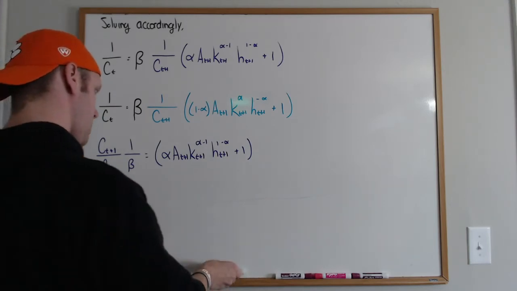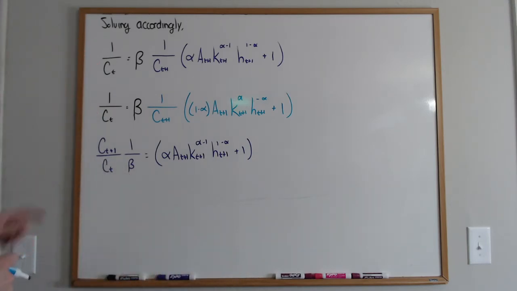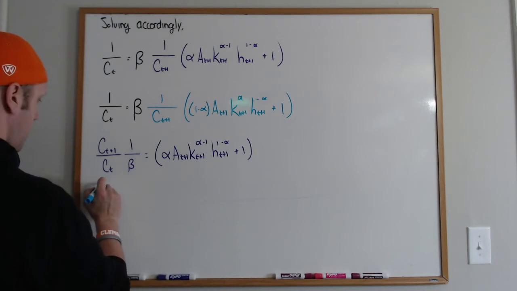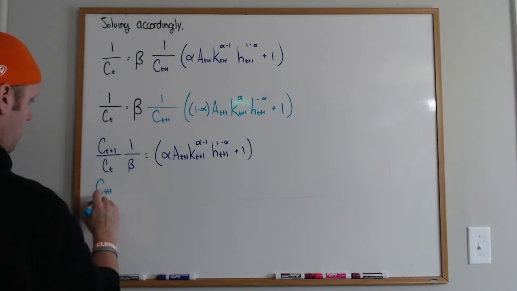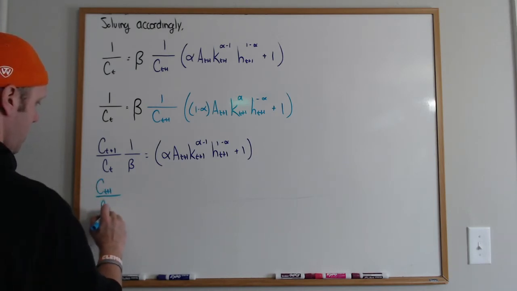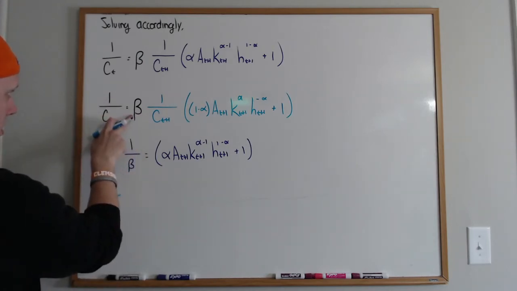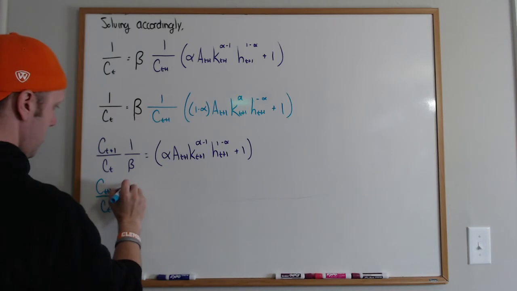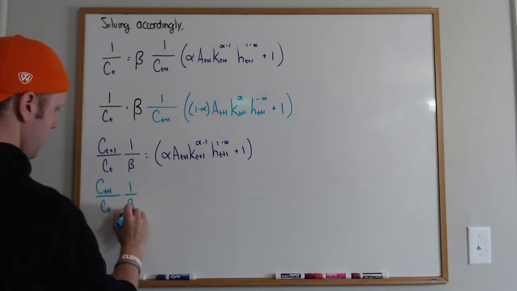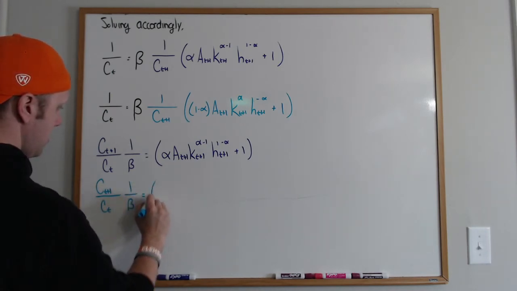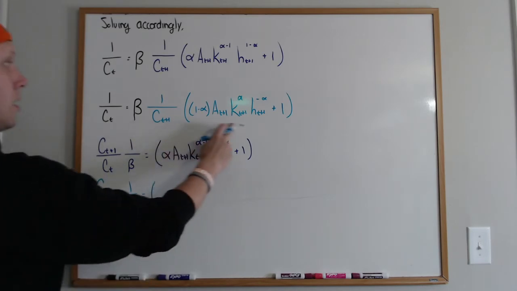And I'll just do the exact same thing for the human capital Euler equation. All right, well, I get CT plus 1 over CT times, this goes over here, times 1 over beta, and that equals the marginal product of human capital.